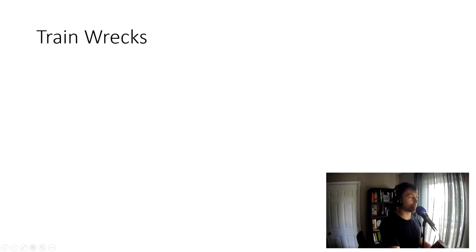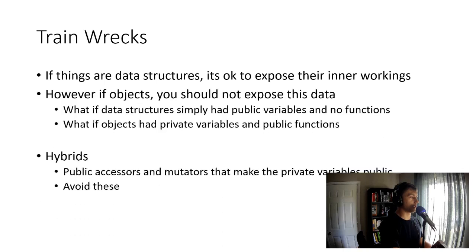So essentially what you find yourself in is what Uncle Bob calls hybrids, where you have public accessors and mutators that make private variables public. Ultimately, Bob says you should avoid this, and you should follow the Law of Demeter. You should follow the anti-symmetry that we were talking about with objects and data structures.